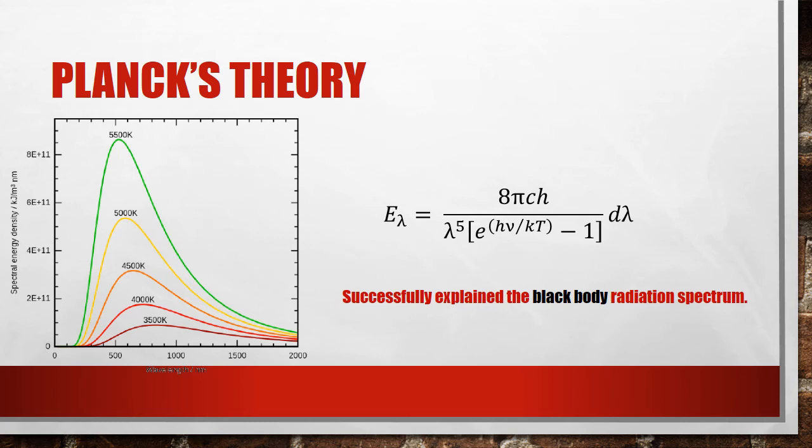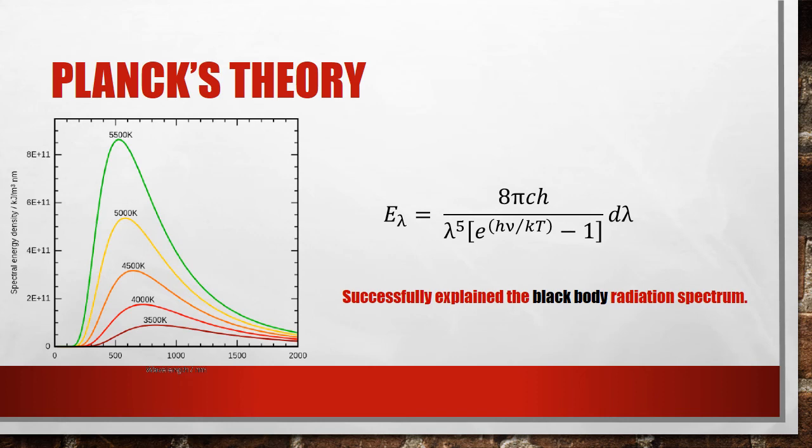Using Planck's hypothesis and considering that the energy is released only in the form of quanta which has an integral multiple energy of h nu, he derived this equation. Here you can see that the exponential power depends on the frequency, and also there is dependence on the wavelength, that is lambda to the power 5, and this equation completely explained the black body radiation spectrum right from the lower wavelengths to the higher wavelengths.